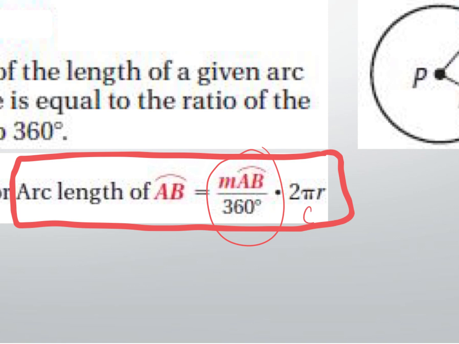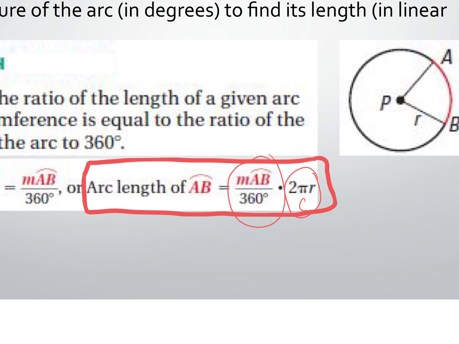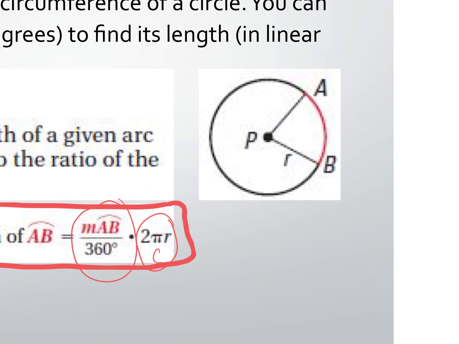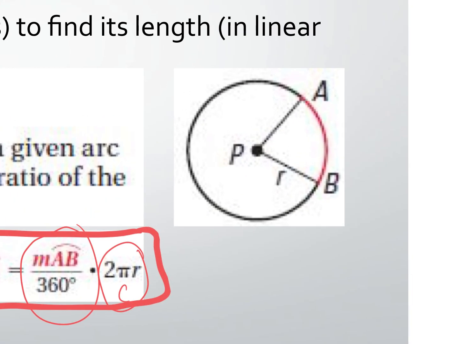You will see me substitute for 2 pi r the letter C, which represents circumference. Because if you take your circumference and multiply it by the ratio of the degrees over 360, that will give you the arc length. It's a portion of the entire circle. So let's say AB, we knew it was 60 degrees, right?